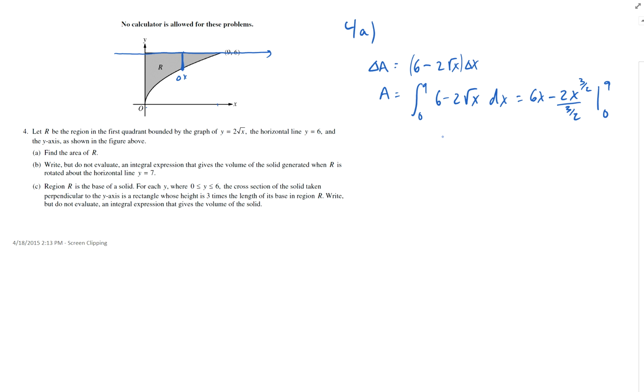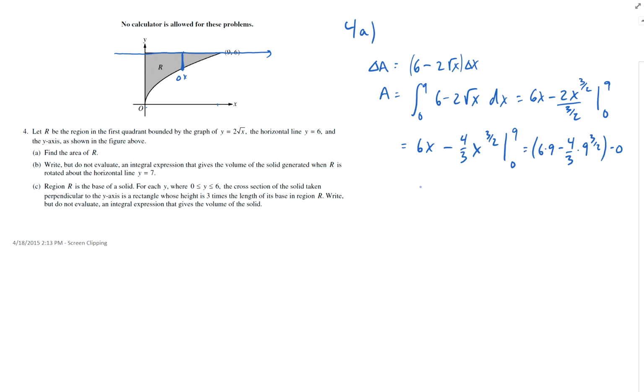So I'm going to simplify that and go 6x minus, multiply by the reciprocal, so that becomes 4/3 x to the 3/2 from 0 to 9, which if I plug 9 in I get 6 times 9 minus 4/3 times 9 to the 3/2 minus 0.